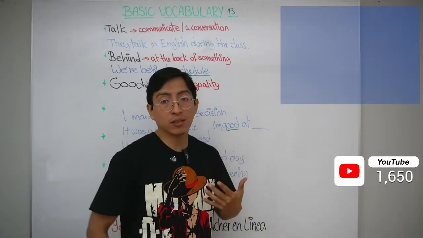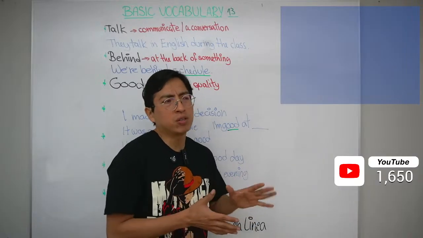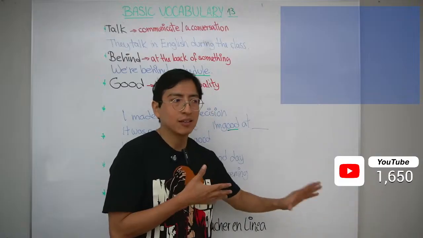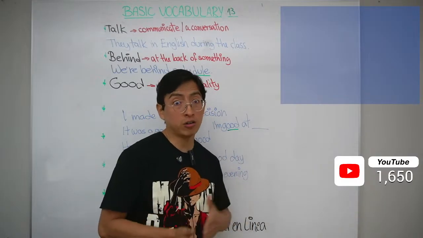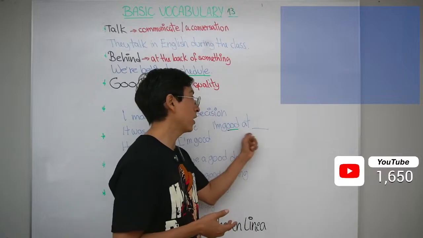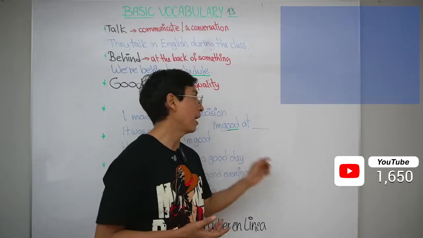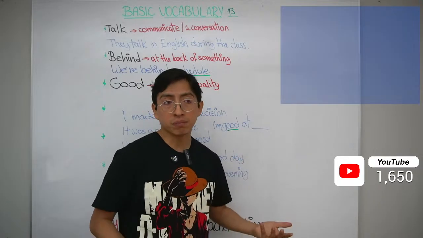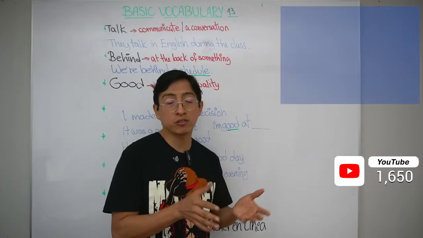Okay, you're talking about that you are a very good person for this discipline. Maybe I'm good at soccer. I'm a good soccer player. I'm good at English. I speak English very well. I'm good at computing. Okay, I can use computers a lot, no?